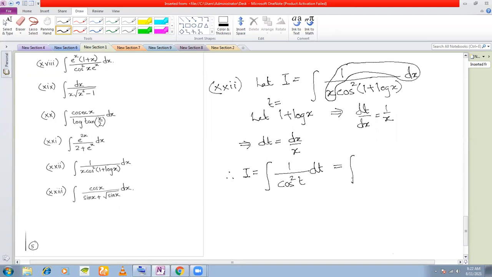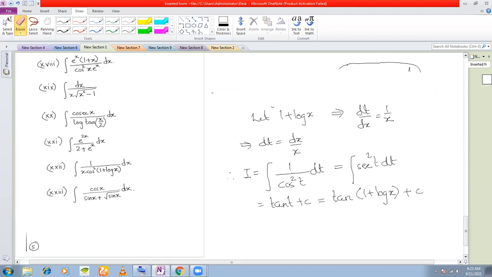So this becomes integral sec square t dt, which is equal to tan t plus c, which is equal to tan of 1 plus log x plus c. And that's your answer. Moving on to the last sum of this exercise.